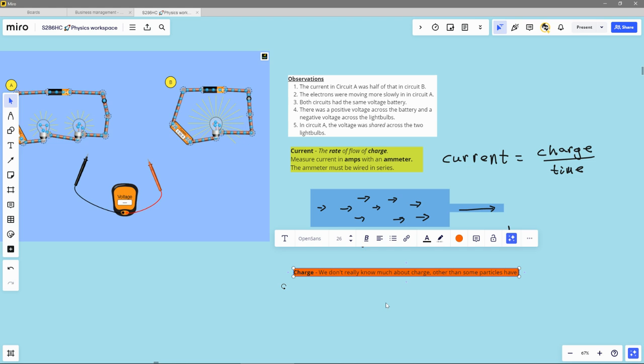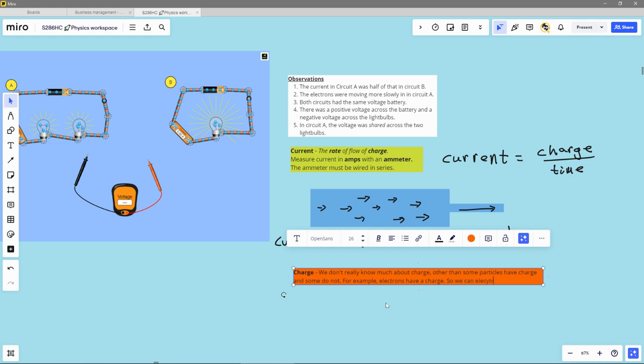Particles have charge, and some do not. For example, electrons have a charge, and we can call electrons, as I mentioned earlier on, charge carriers.